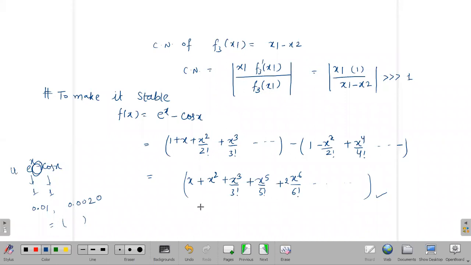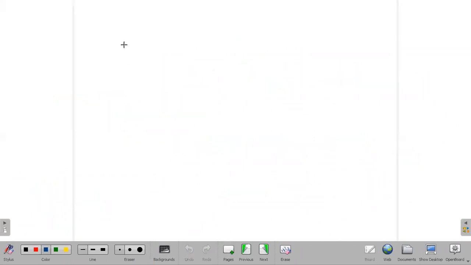So this completes the first chapter. In this, we have discussed the error analysis that we will use in the subsequent chapters. The basic things we have done are floating point representation, that you all know. And the second basic thing we have done is rounding and chopping.